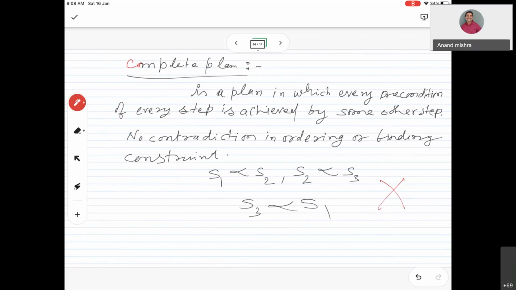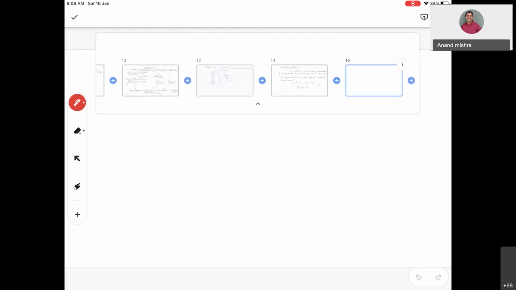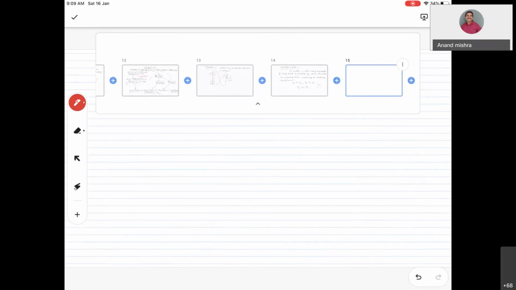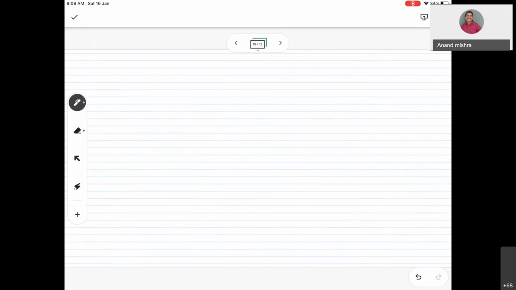And what is a solution? Let me define it from the book itself. A solution is a plan that an agent can execute. A solution is always complete and consistent, right? So it has to be complete, and maybe I'll also talk about what is consistent. A consistent plan is a plan in which there are no contradictions in the ordering or binding.